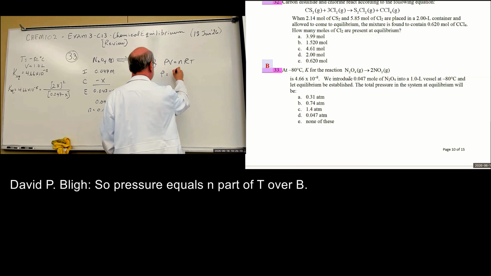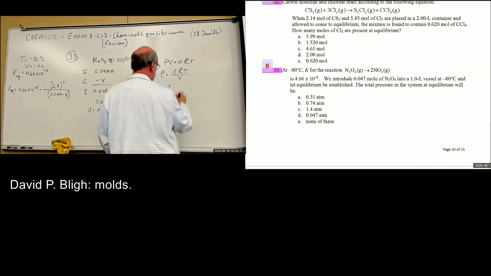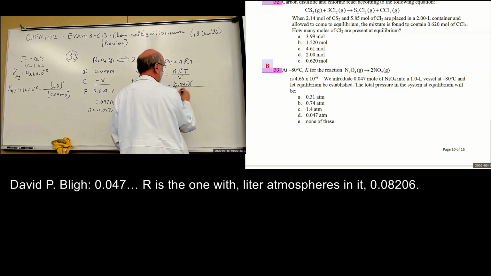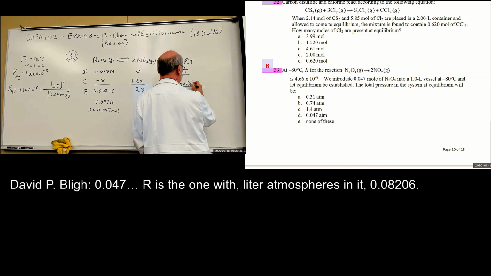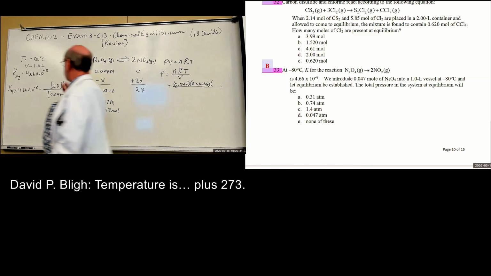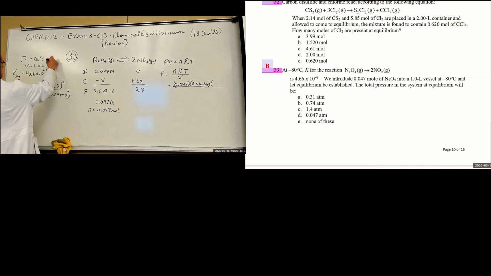So pressure equals nRT over V. Moles, 0.047. R is the one with liter atmospheres in it, 0.08206. Temperature is plus 273. What's that?